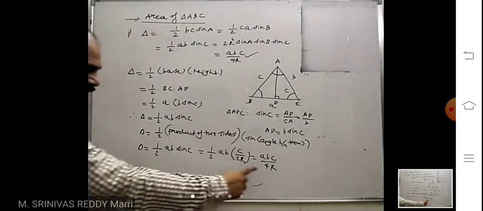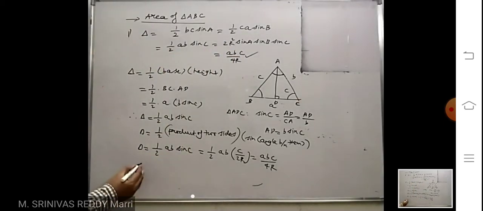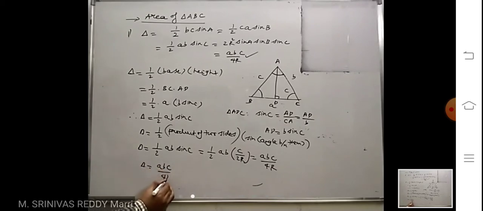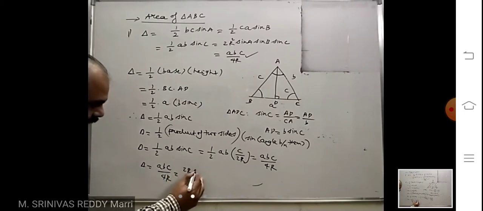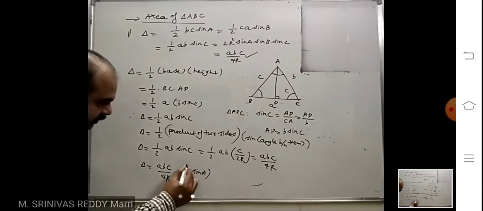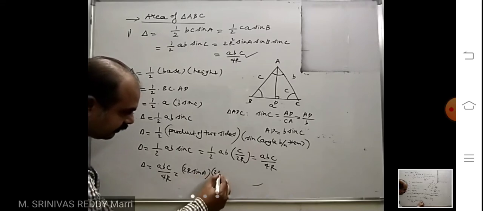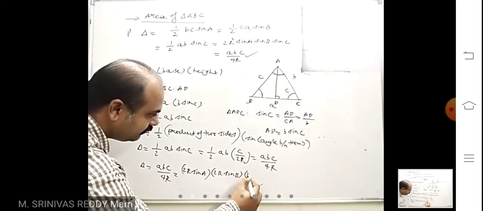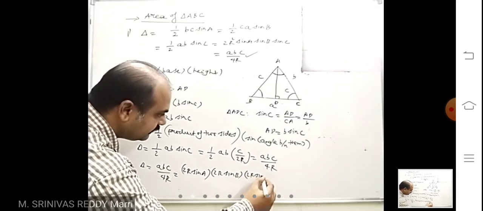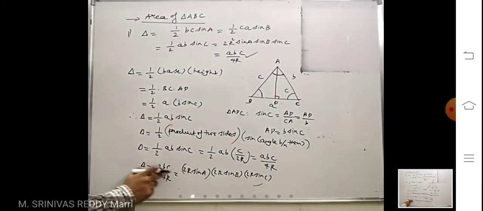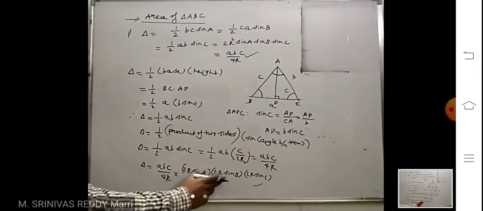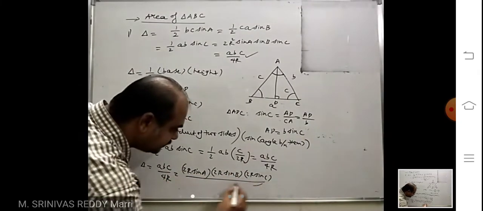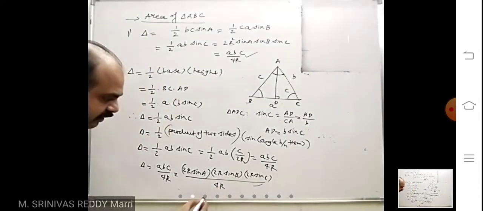Same only, this is equal to this. Then suppose delta is abc by 4R, which you got. From the sine rule, a is 2R sin A, b is 2R sin B, and c is 2R sin C. So it is 2R sin A into 2R sin B into 2R sin C divided by 4R.